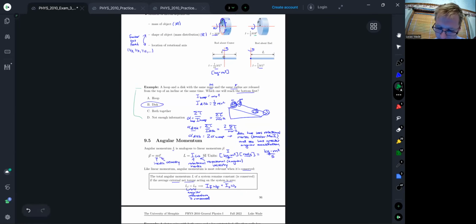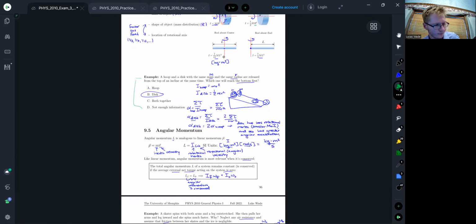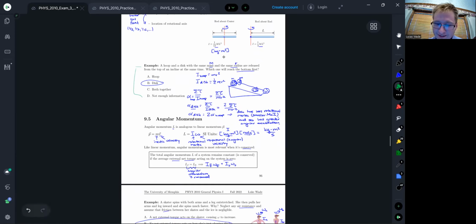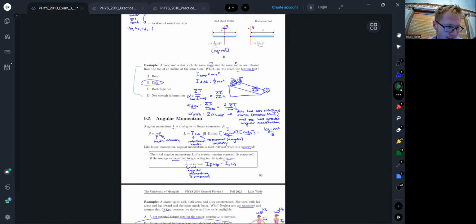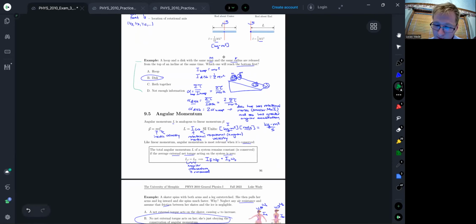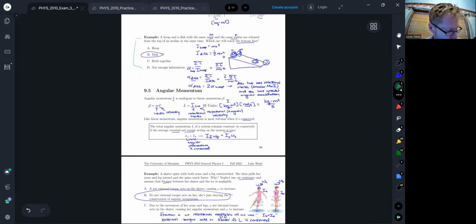That's a good example right there, and that is one we did in class. We proved that what we said here is what happens in real life. Okay, so just keep in mind that the more rotational inertia or moment of inertia, same thing, that something has, the harder it is to get it rotating. And so it's not as easy to get rolling down a ramp. Things with more rotational inertia lose the race down the ramp.